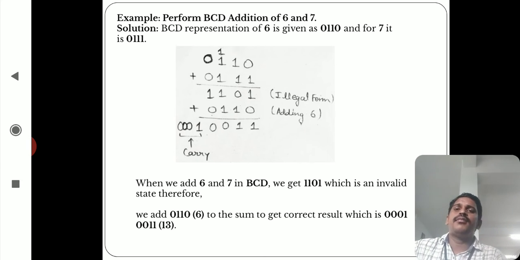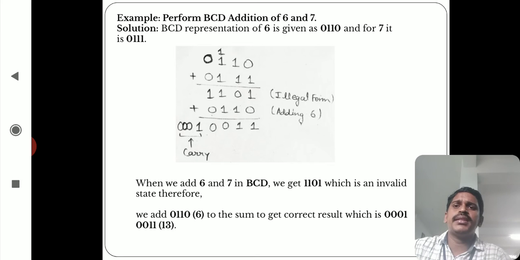This is an illegal form because, as we have already discussed, there are 6 illegal states in BCD addition. Why is it called an illegal state?